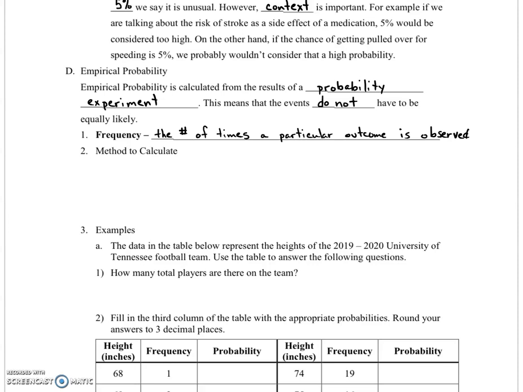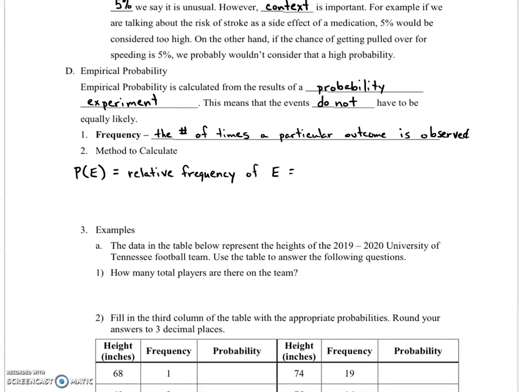So how do we calculate the probability then? Well, the probability is relative frequency. And we will talk about that more in subsequent chapters. I just wanted to point out the terminology.